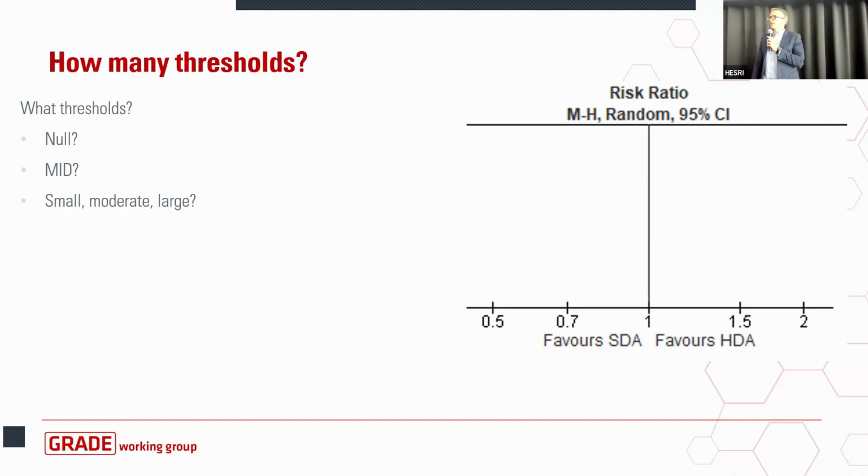We could also set our threshold as a minimally important difference. So the minimally important difference is the smallest result that would be worth acting upon in a clinical setting. Or we could actually set thresholds for small, moderate, and large effects, whether they be beneficial or whether they be harmful.